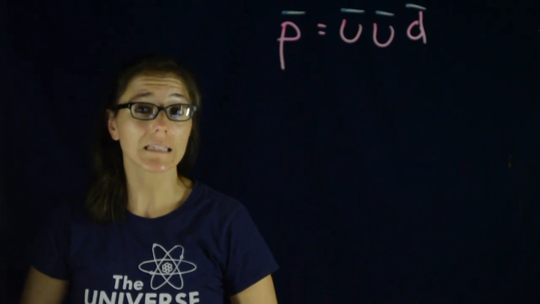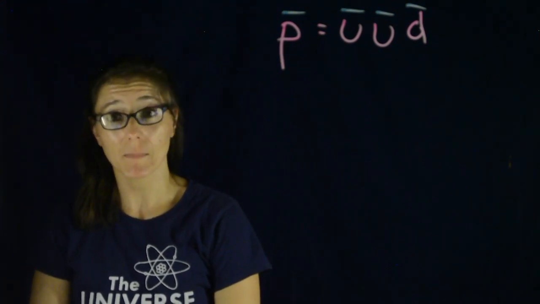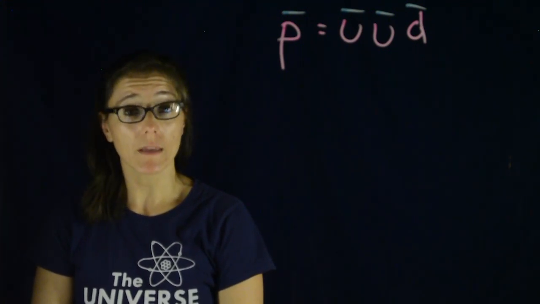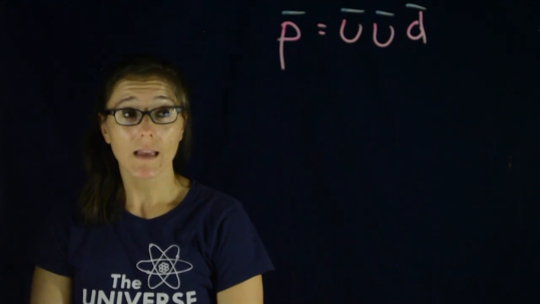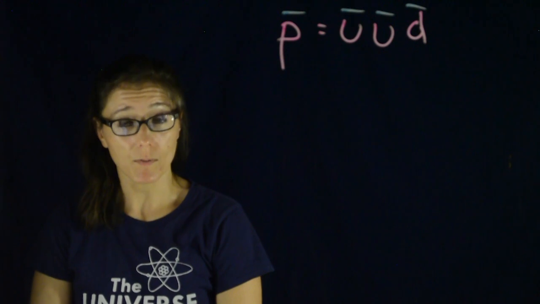You can't just put together some other combination of particles and expect it to be an antiproton. An example, a triple down would be a total charge of negative 1, and it might even have a similar mass to a proton, but it's not an antiproton.